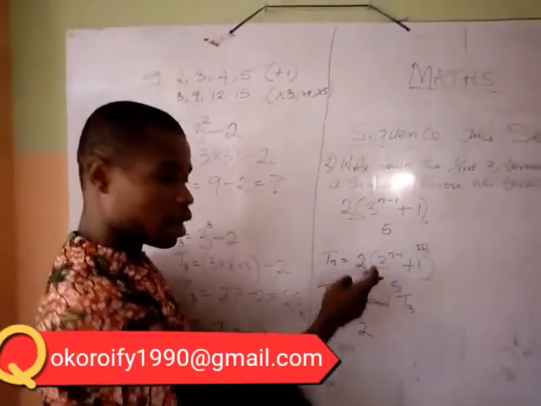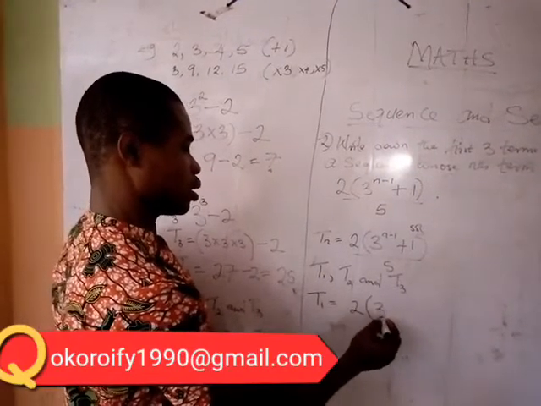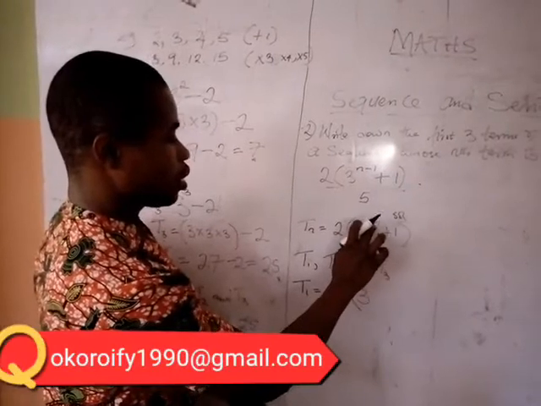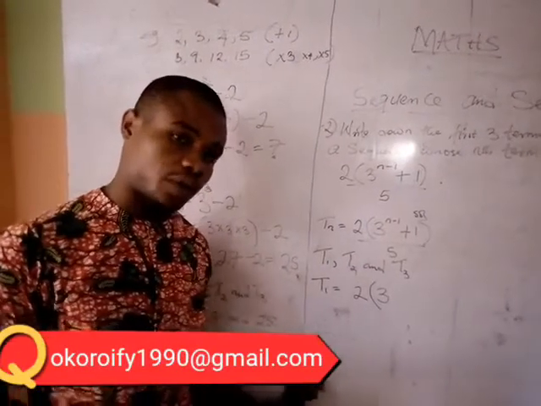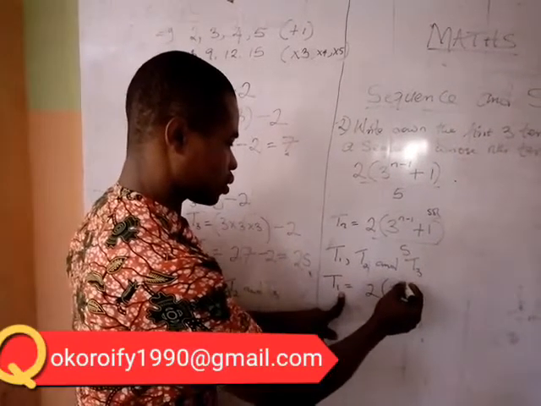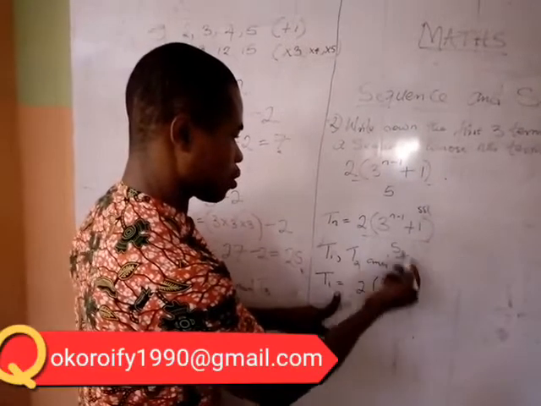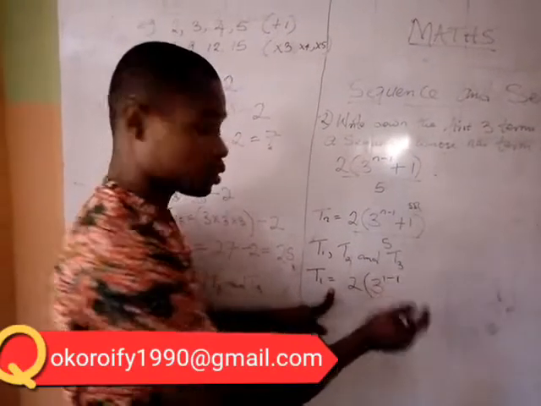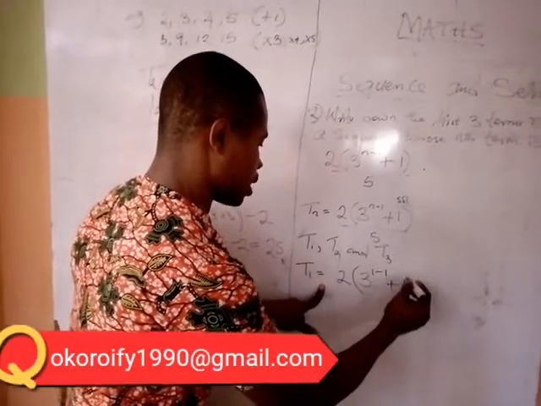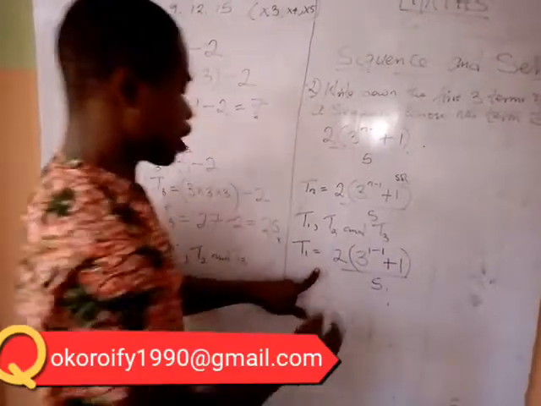You now open your brackets. You bring down your 3. Then you consider the n. Which number of terms are you solving? You're finding the first term, which means your n now here becomes 1. Then minus 1 as the power. Then plus 1 as the base, you close your bracket, all over 5. It's all divided by 5.